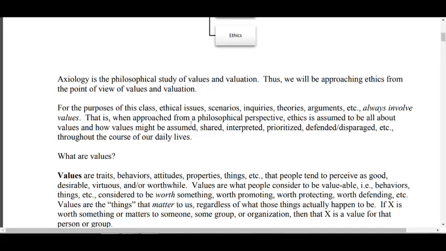And so the idea is that when you approach ethics from the point of view of values and valuation, you're looking at the values that are being assumed, that are being shared by people, interpreted, prioritized, defended, disparaged throughout the course of our daily lives in any encounter that might be referred to as ethical.